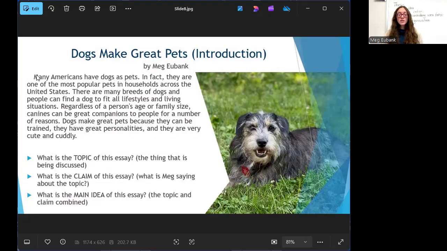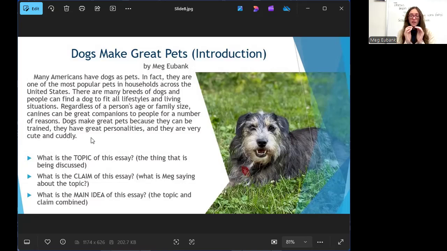So we go from really broad to more specific. And this introduction is following this sort of funnel pattern. So think of it like an upside down triangle or a funnel, where a bigger, broader statement starts off. A lot of Americans have dogs. They're real popular. There are lots of breeds. I'm getting more specific.